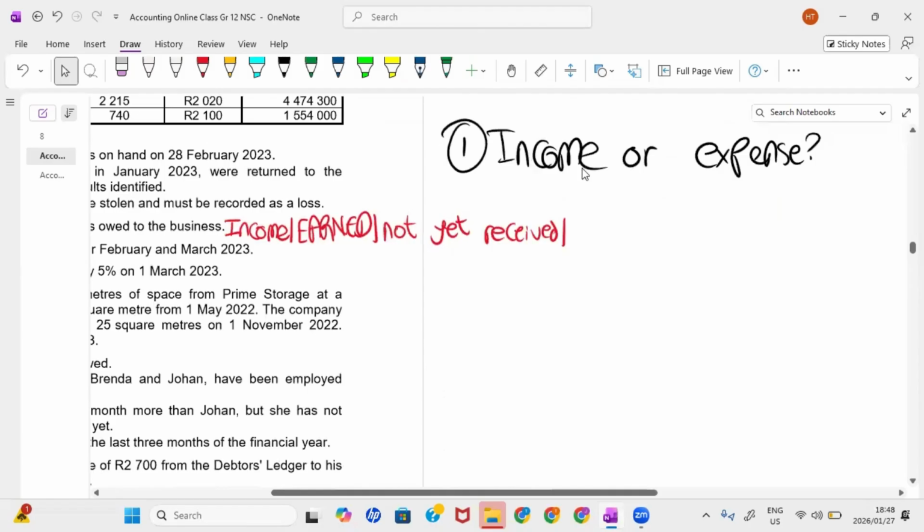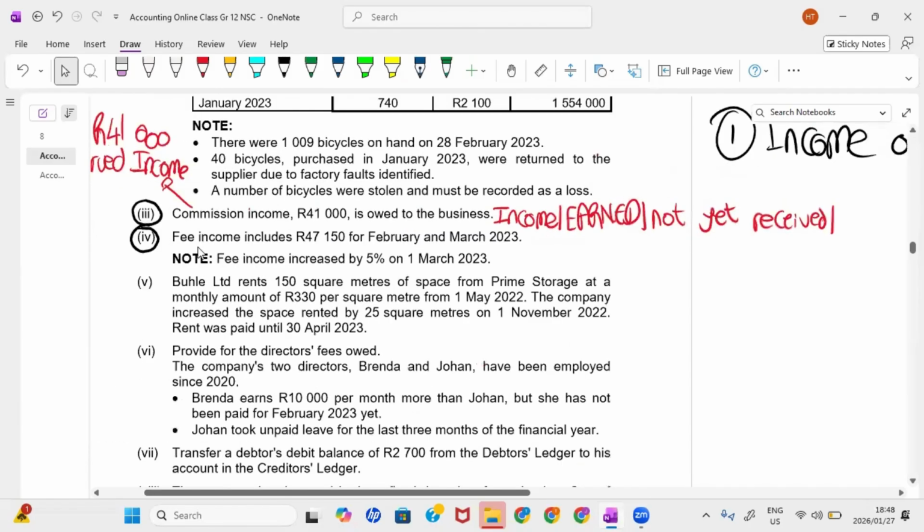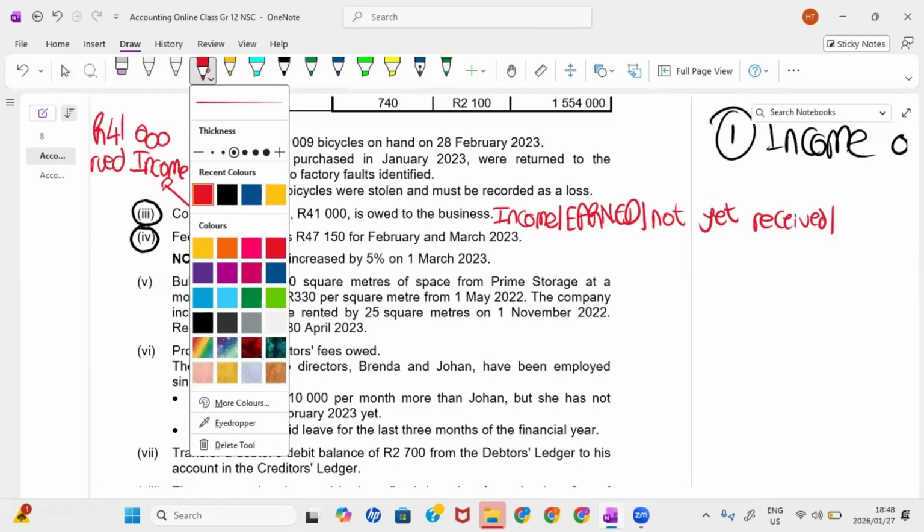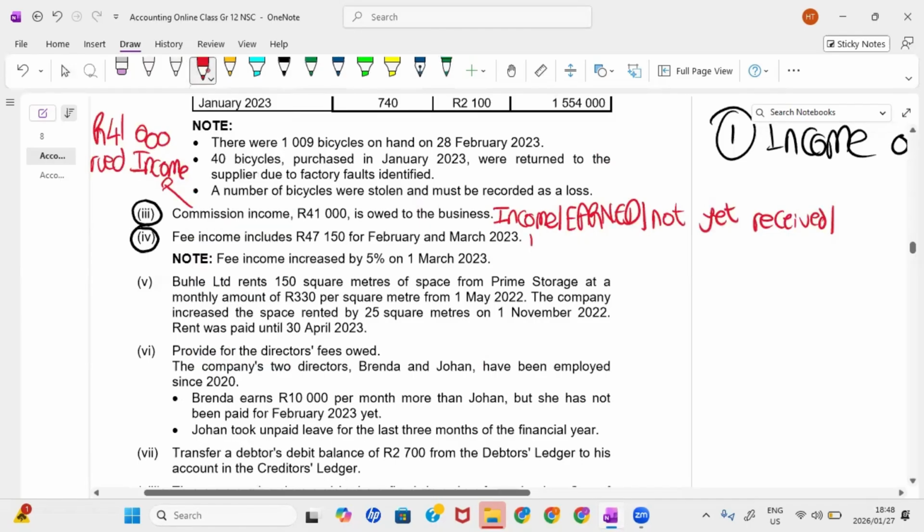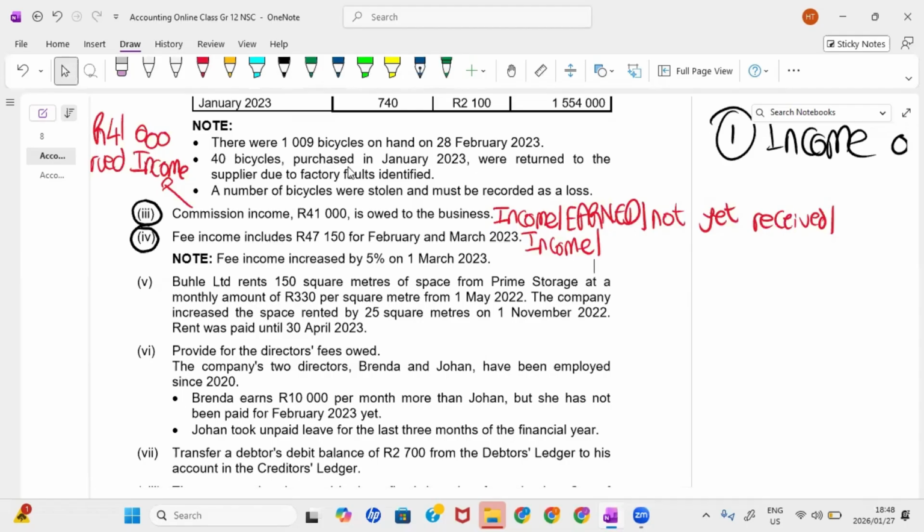Do we have an income or an expense? Obviously, it's clear, it's fee income, so meaning we have an income. And with an income, income is something that we receive as a business. You cannot pay for an income.